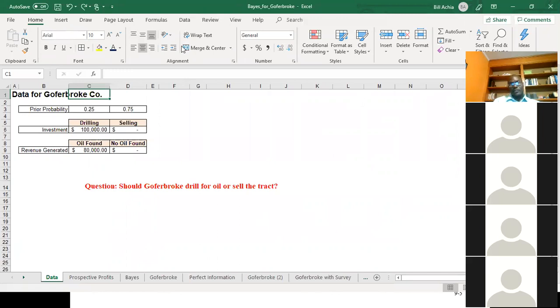This is subjective, and that has issues, but for the purposes of making a decision, you have to start somewhere. In this case, we're told that the geologist believes there's a 25% probability that they can find oil, which means there's a 75% probability that there'll be no oil. We're told there'll be an initial investment of $100,000 if they decide to drill, and no investment if they decide to sell the tract of land. And the final thing that we're told is that if they decide to, let me go back to this.